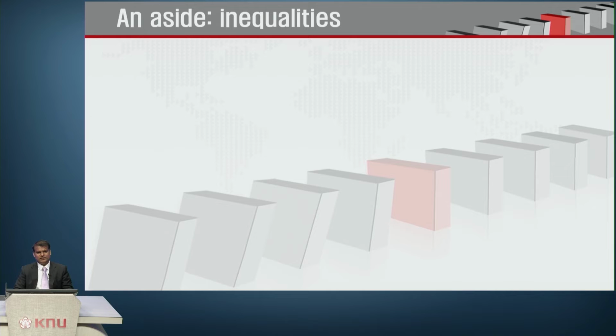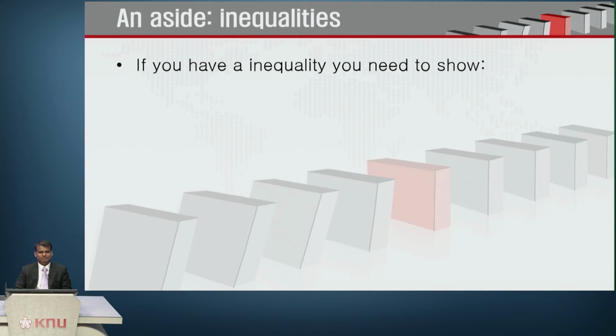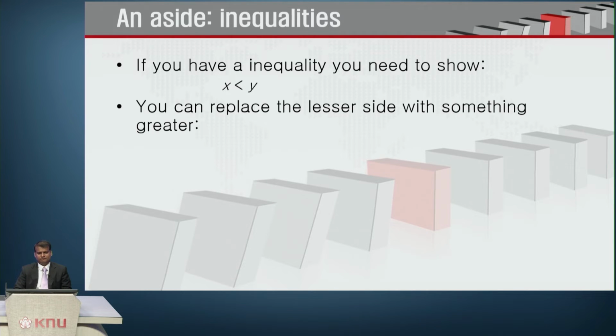Okay, so this is in fact about inequalities. If you have an inequality, you need to show, say for example, x is less than y, and you can replace the lesser side with something greater, say x plus 1 is less than y.